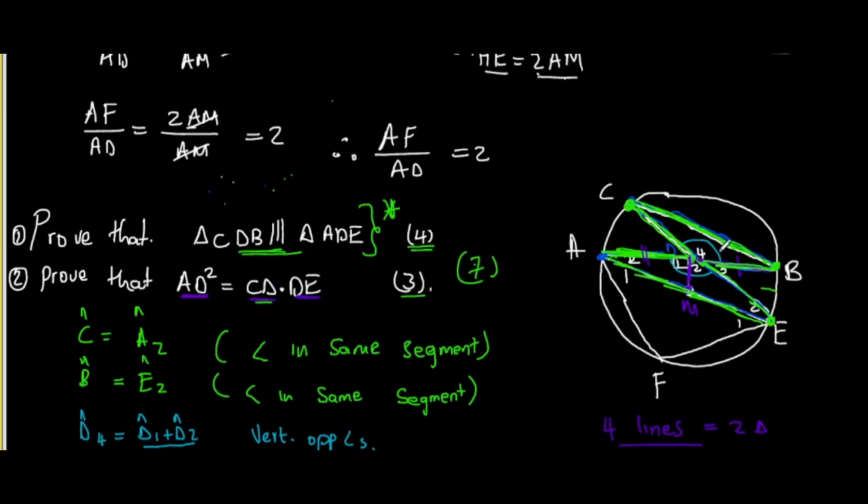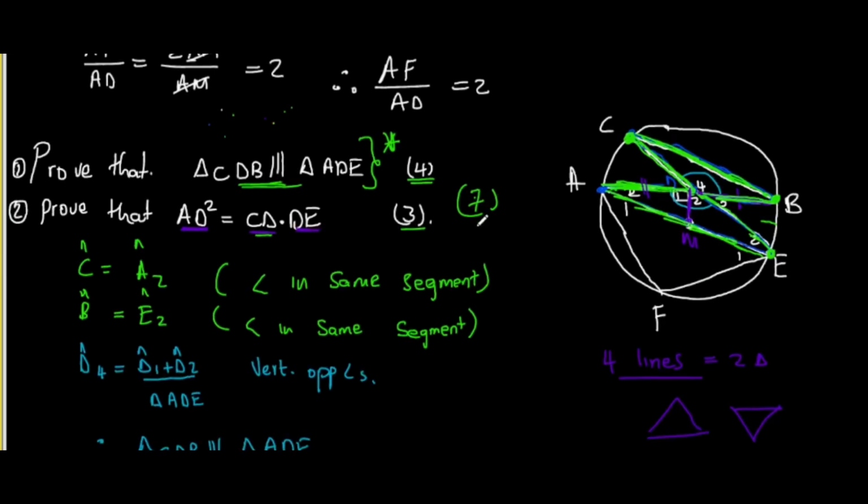Now, since we proved that triangle CDB is similar to triangle ADE, we can use the proportionality. So look at this. I'm going to redraw my triangles and try to work on them. Let's redraw. So I have the first triangle here, which is CBD, and another one which moves like this. This is EAD. I think everyone can see that.